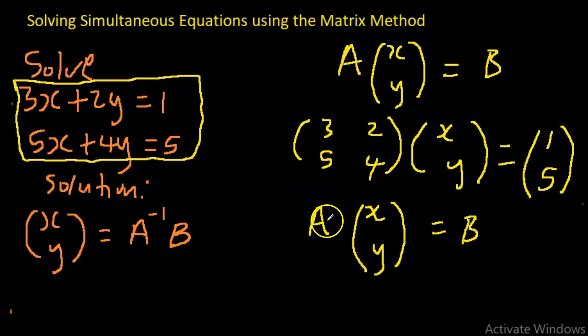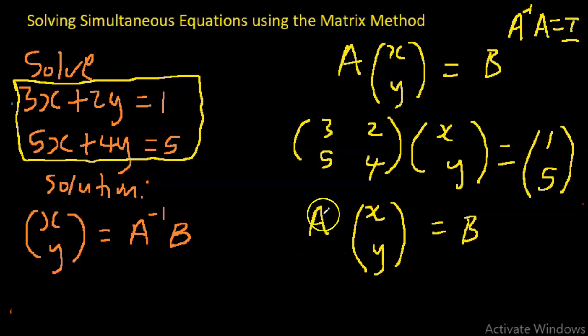Remember that if you multiply a matrix by its inverse, what would happen? You get I. Alright, and that's what you want. And you know what I is? I is like the equivalent to 1 in matrix theory. So the thing is, remember you want to find xy.